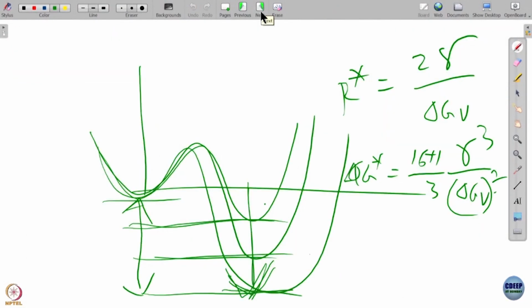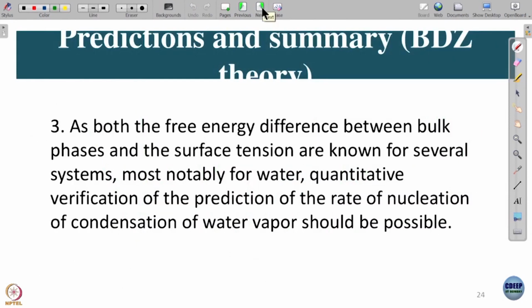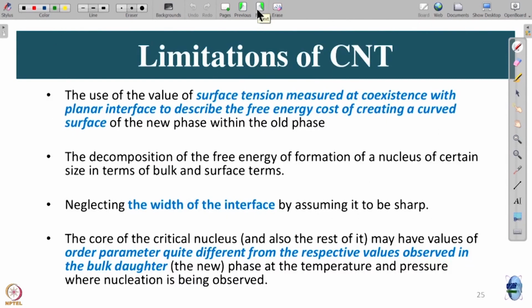Next, as both the free energy difference between bulk phase and surface are known for several systems, notably for water and many other systems, a quantitative verification of nucleation theory is possible, and there are certain limitations. They are very detailed things, like the surface tension we are using is that for coexistence, but we are using it out of equilibrium. So, there is a certain limitation there.